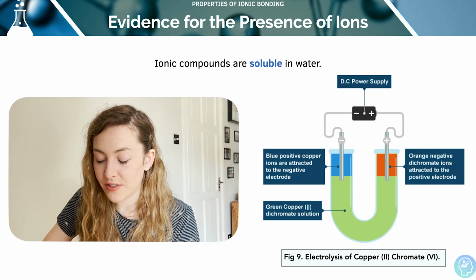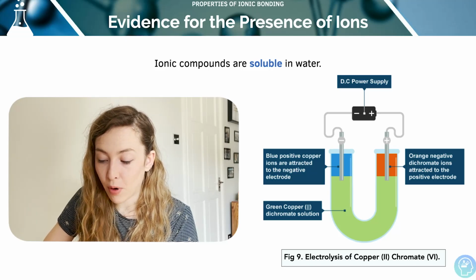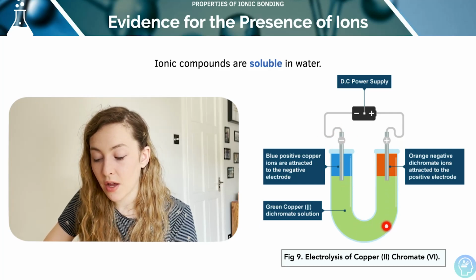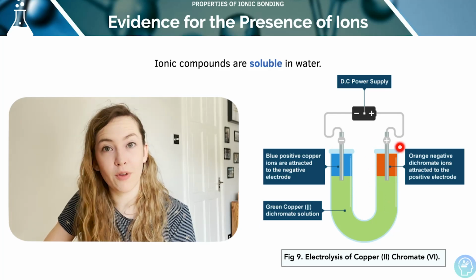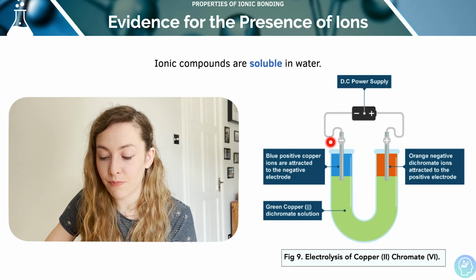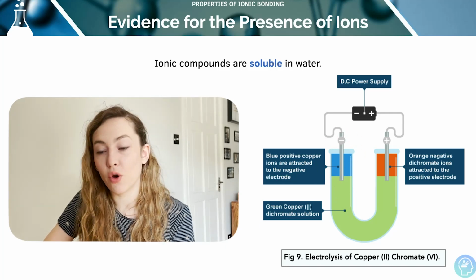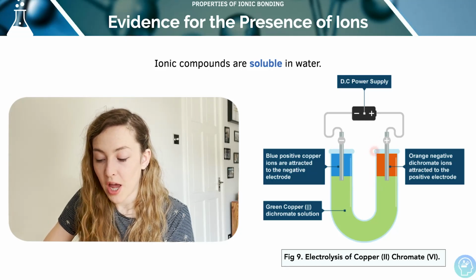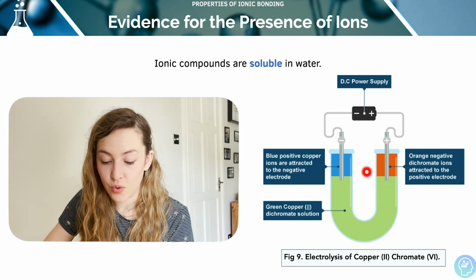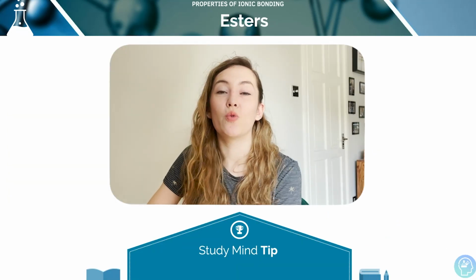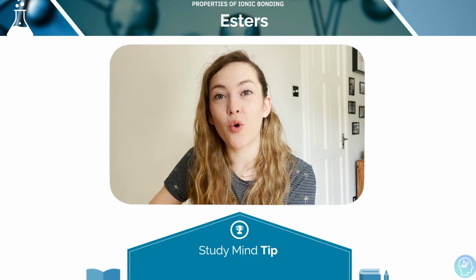When we dissolve it in water, we've got a positive electrode over here and a negative electrode, and the negative dichromate ions migrate towards the positive pole because opposites attract, and the positive copper ions migrate towards the negative pole. Copper ions dissolved in water are blue, dichromate ions dissolved in water are orange, and you can see we've got those two colours present. Just a reminder, the negative electrode is also called the cathode and the positive electrode is called the anode.